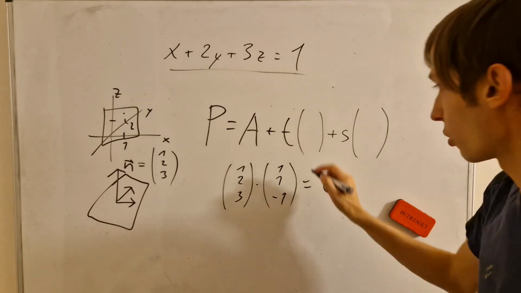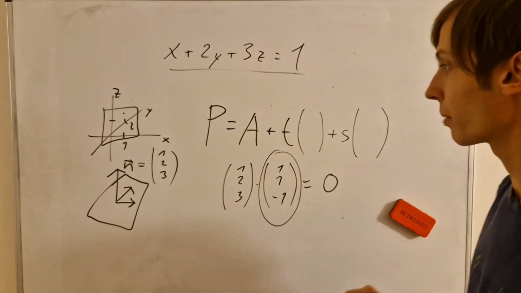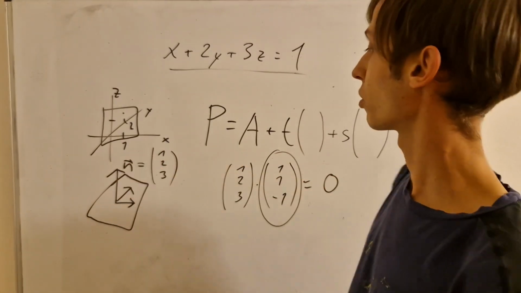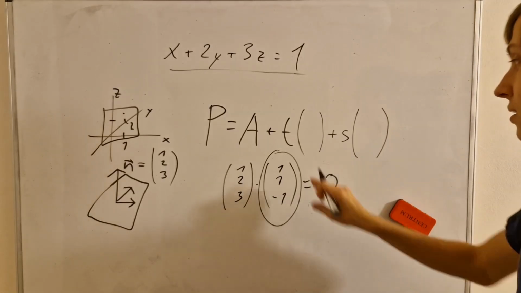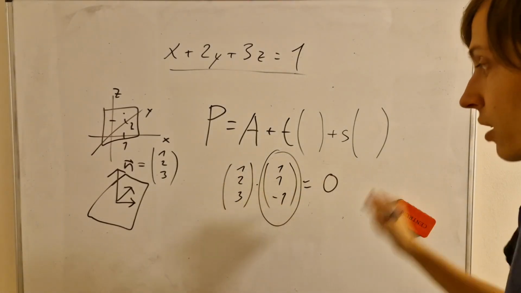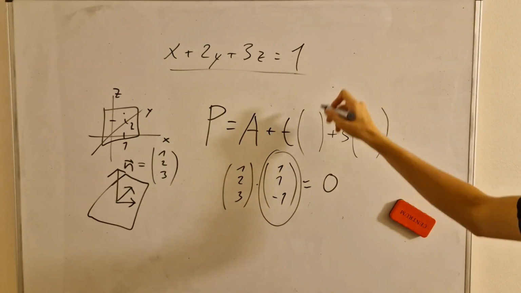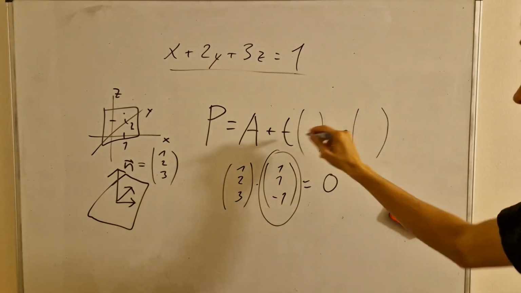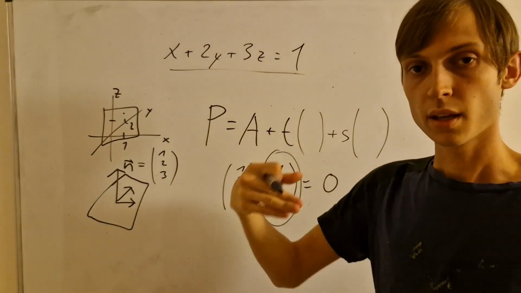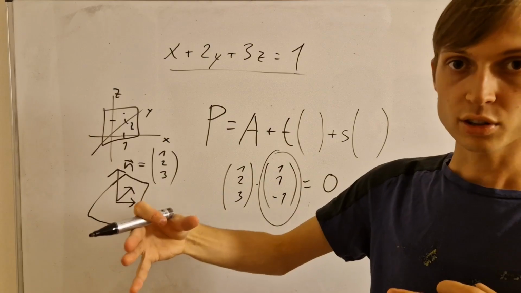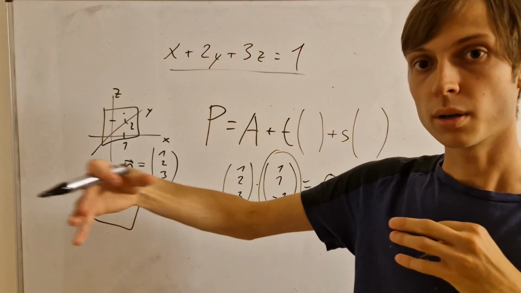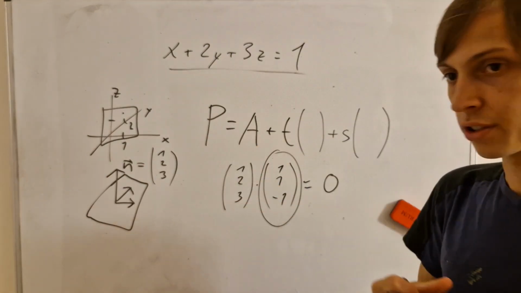That works. So our first vector that lies in the plane, because it's perpendicular to the normal vector, is 1, 1, minus 1. And that can, for example, go here or here, doesn't matter. T and S are both just arbitrary scalar multipliers for the vectors.